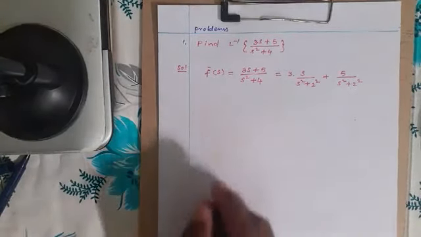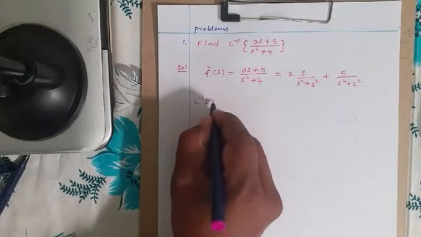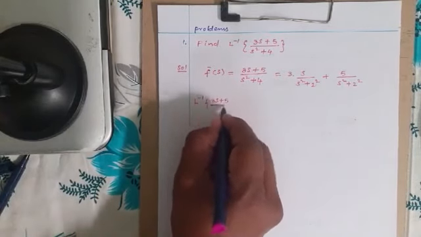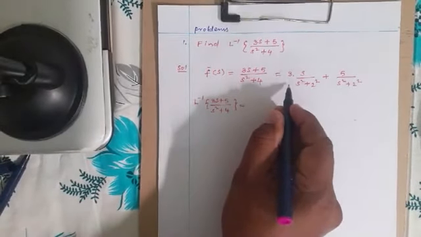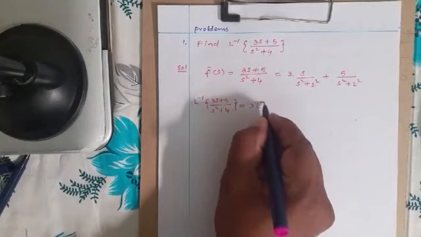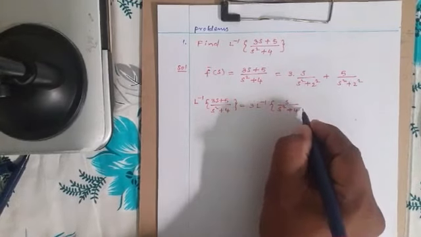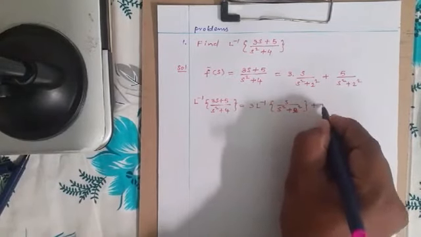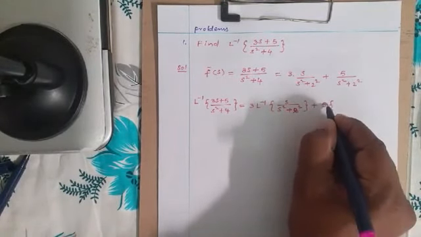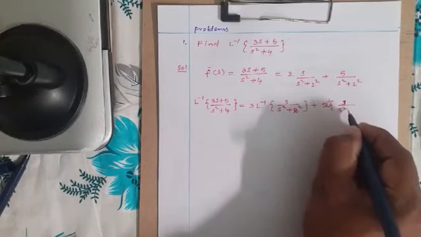Now when you apply L inverse for this, L inverse of 3s plus 5 upon s square plus 4 can be written as 3 constant, so I get 3 L inverse of s upon s square plus 2 square, plus, I take 5 outside, 5 L inverse of 1 upon s square plus 2 square.